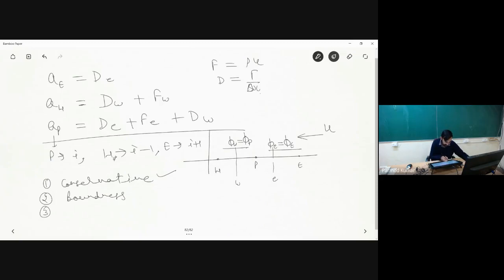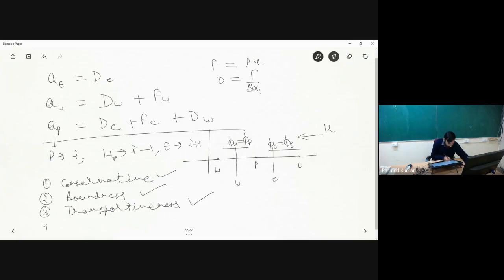So if all coefficients are positive, what about boundedness? It will be unconditionally bounded. Okay. What about transportiveness? It will be transportive because it is taking care of the directional dependence.